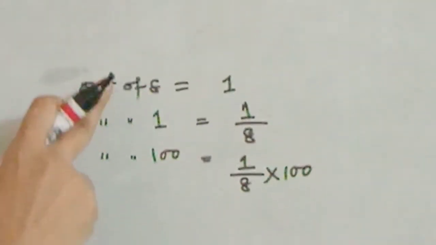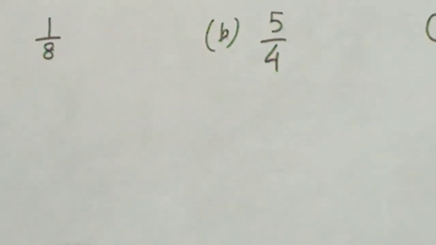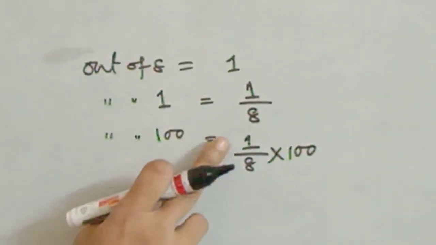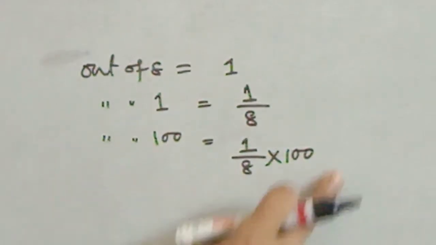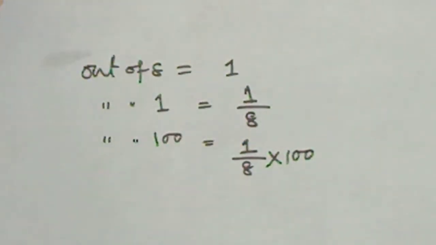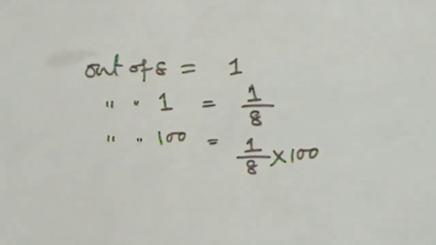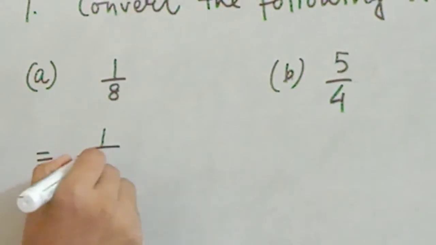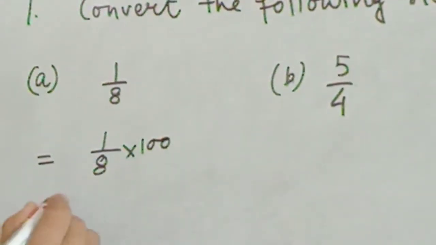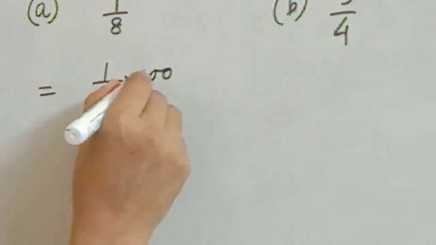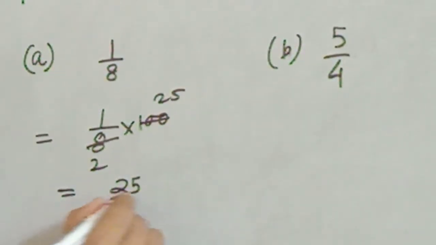So when I have to convert any fraction to its percent using the concept of the unitary method, we will multiply whatever fraction is given by 100. Why is this 100 coming? The concept is here: out of 8 it is 1, then out of 100 how much? Understood? Therefore 1 by 8 when converting into percent is 1 by 8 into 100, cancel it, 4 2s are 8, 25 by 2.